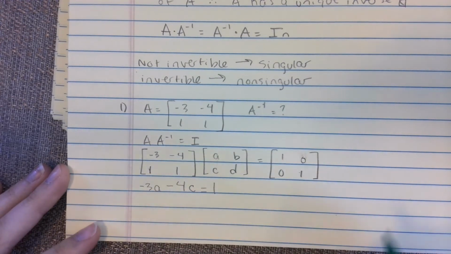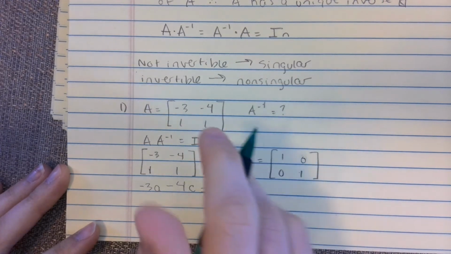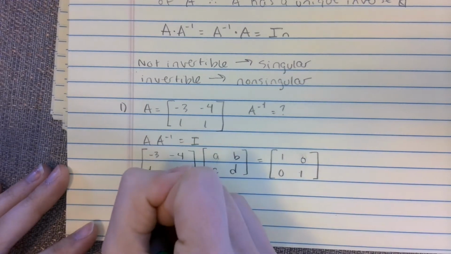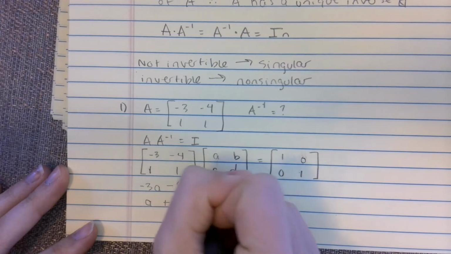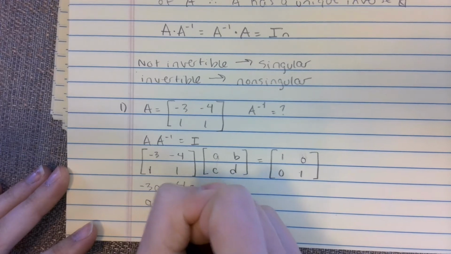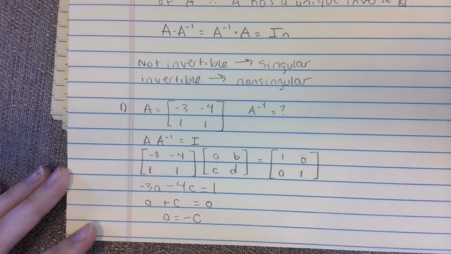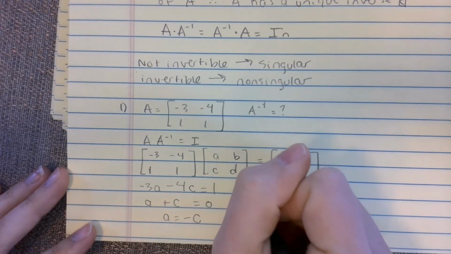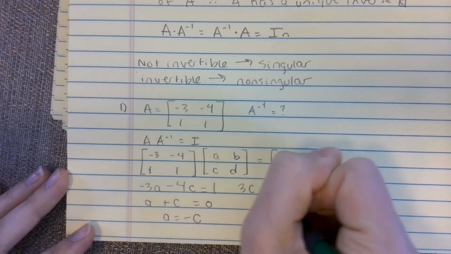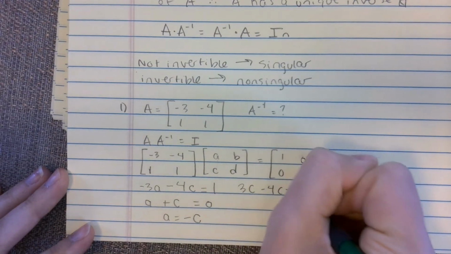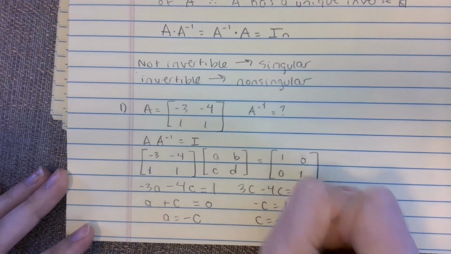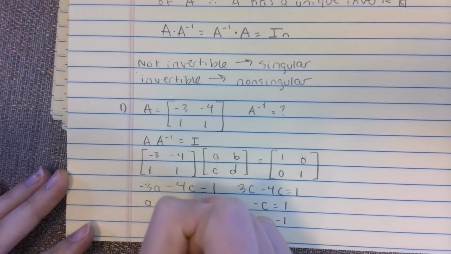The second row times the first column should give me A plus C equals 0. So that will tell me A equals -C. If I sub that in here, I'll get 3C minus 4C equals 1. So -C equals 1, C equals -1. That tells me A equals 1.